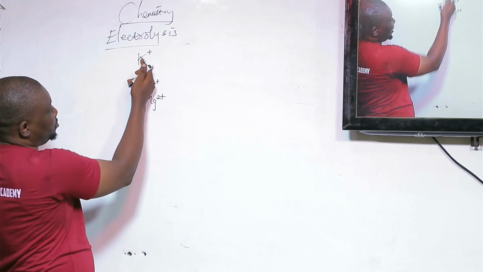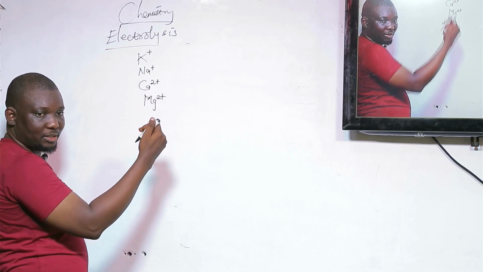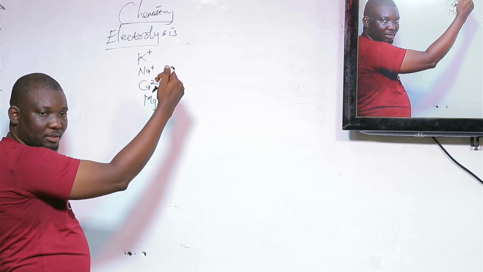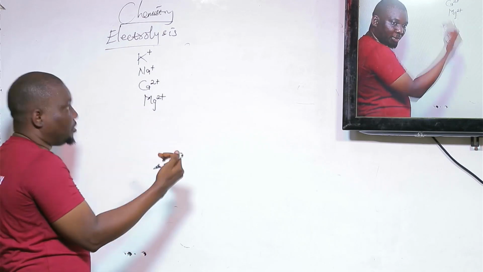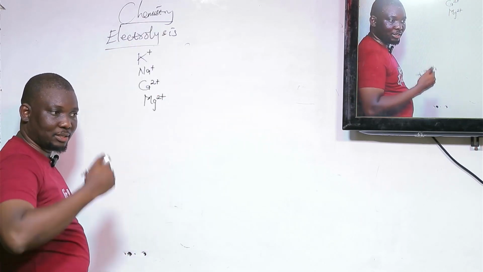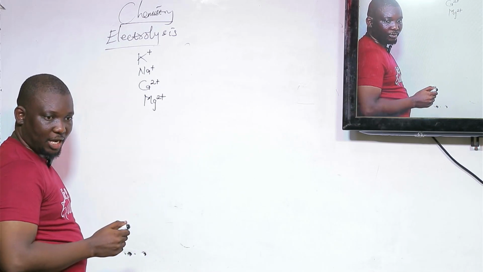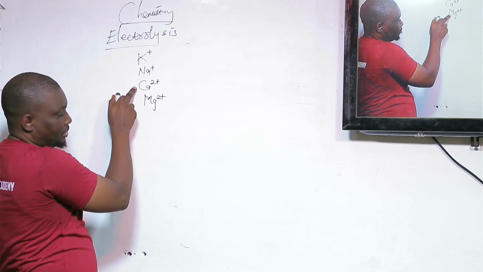So if you look at sodium and potassium, which one is placed before the other? Sodium is placed before potassium in the periodic table, but potassium is above now because it is more reactive than sodium. Are you with me now? If you come to group 2, we have magnesium and calcium.